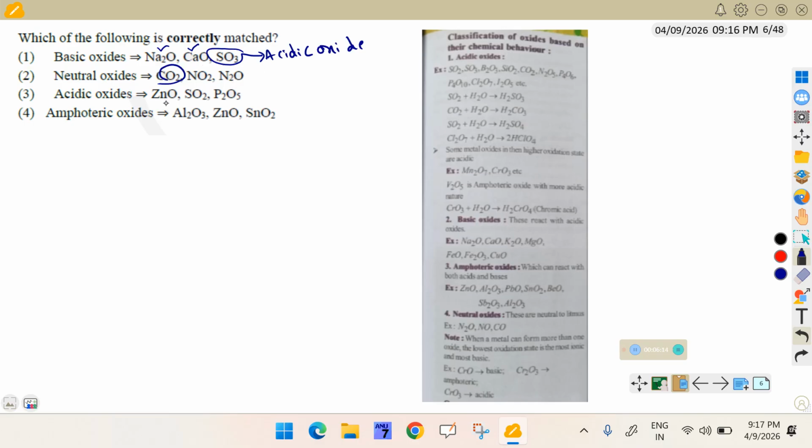Acidic oxides: ZnO, SO2, P2O5. ZnO is an amphoteric oxide, so the next option is also wrong. Amphoteric oxides: Al2O3, ZnO, SnO2. Yes, correct option, fourth option.